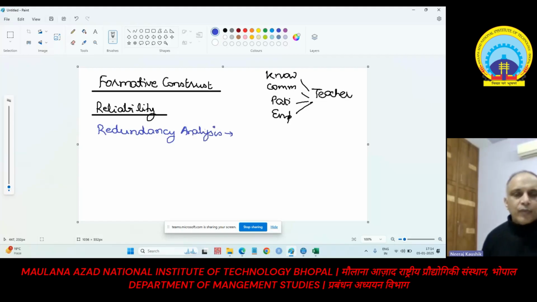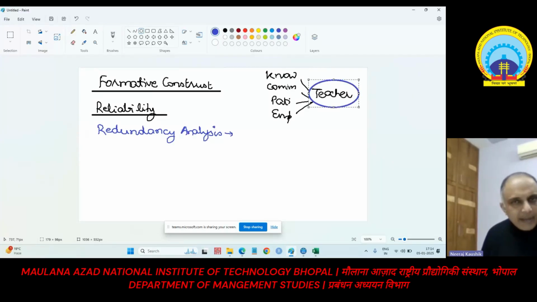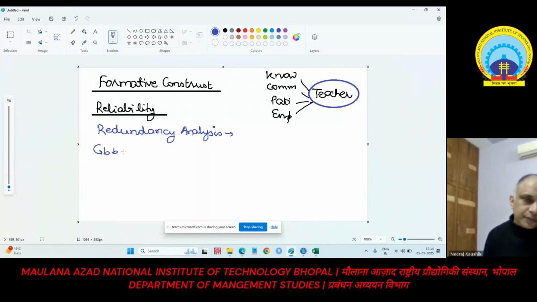So what you will do, measure the overall item, whatever your construct is there, it's multidimensional, right? But now this time measure this construct in a global single item. What is meant by the global? Global means overall. Single means one, item means item.